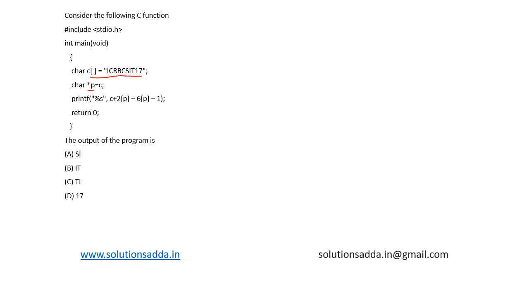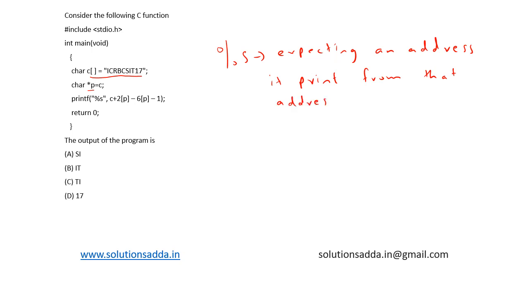One basic important concept to remember is that %s is expecting an address and it tries to print from that address till null is encountered.